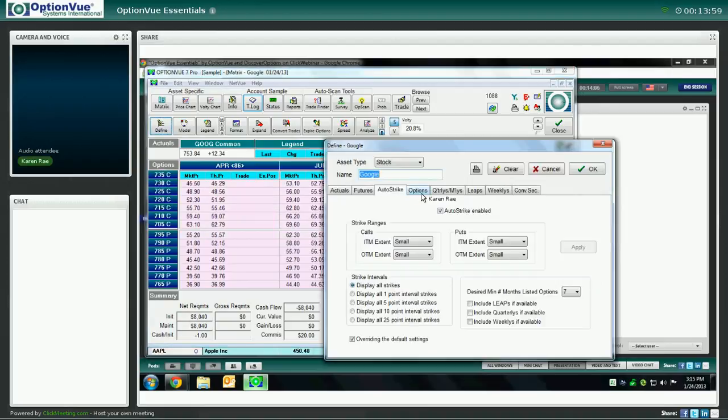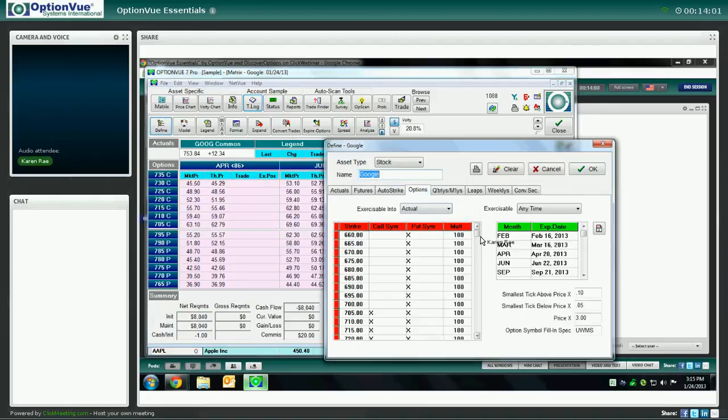I'm going to also go to define options, and here I can see for sure what's being defined. So I've got the 660 all the way down to the 850s. And this has an X in it. That means we're getting that price, but this doesn't because I don't have puts on those. And so I can customize this further. I really don't want the 660s.